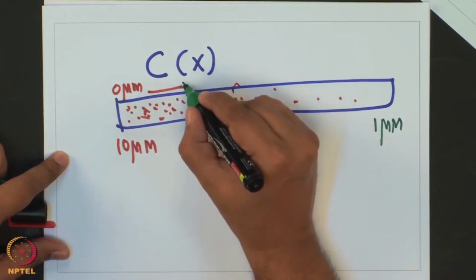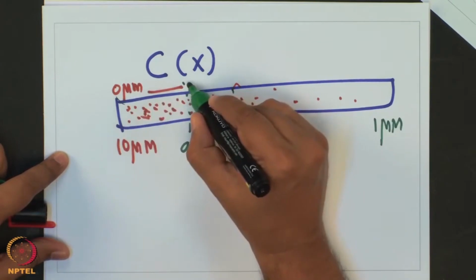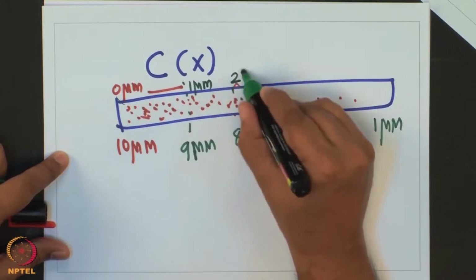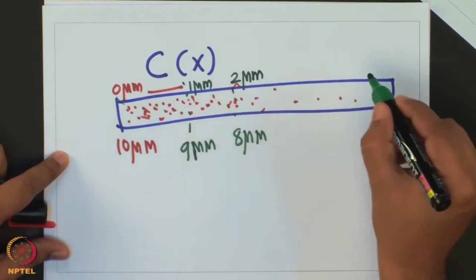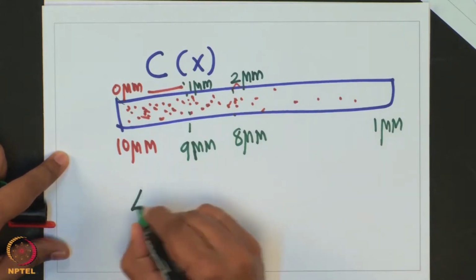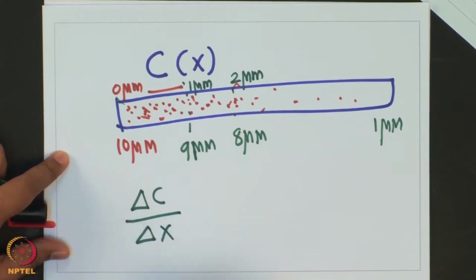So this is the 0 micrometer position, here it is 1 micrometer distance, and here it is 2 micrometer distance, and as I go along, the concentration is changing. So delta C, the concentration is changing as I go along the distance x.